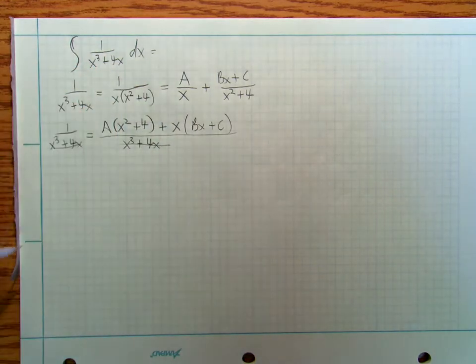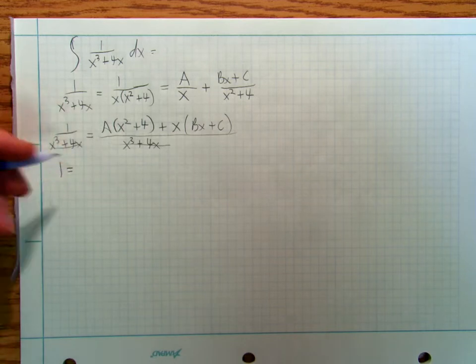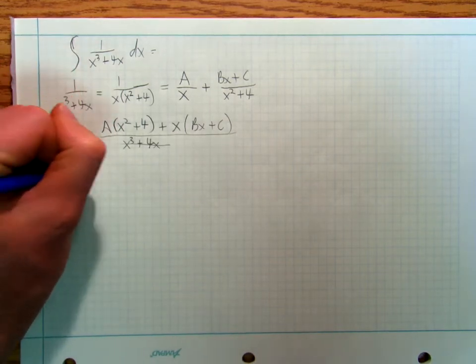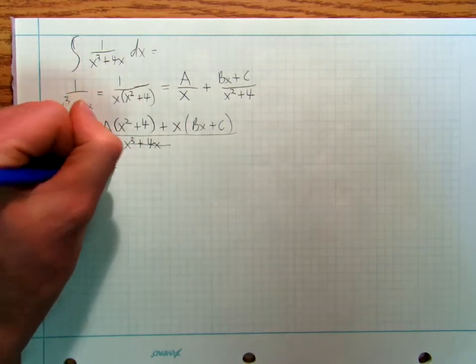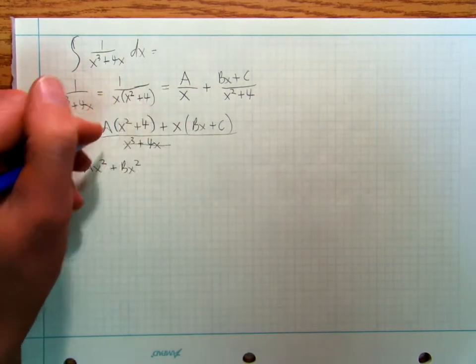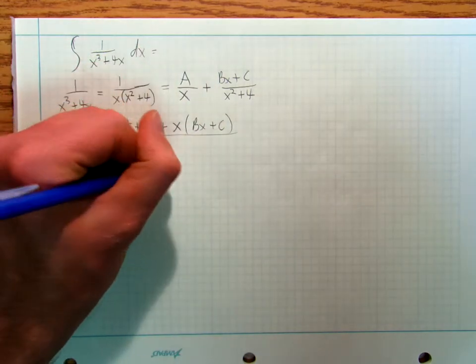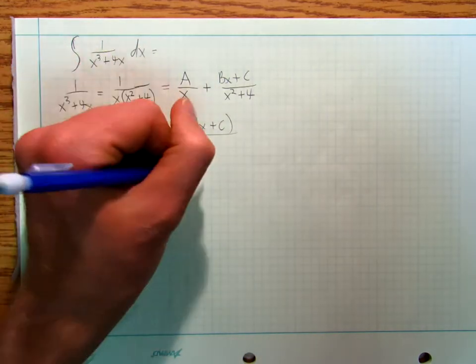That goes away. So I get 1 equals ax squared plus bx squared plus cx plus 4a.